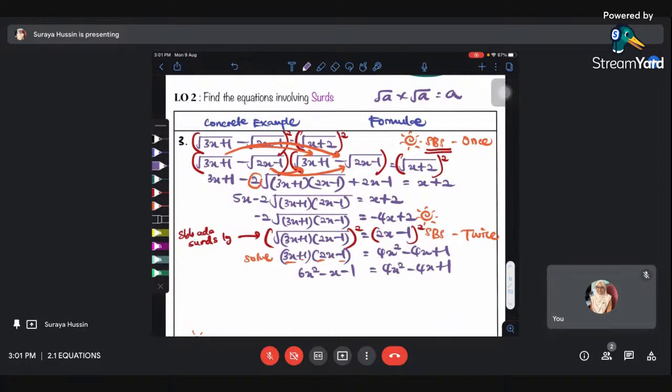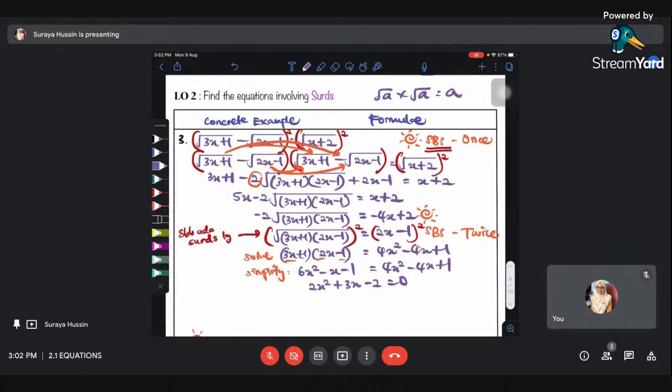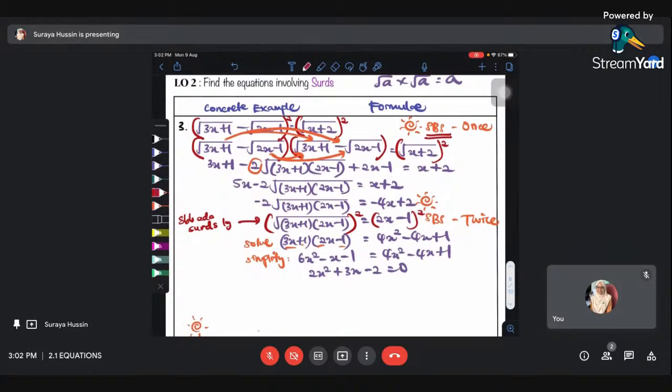And then saya simplify it. I will get 2x squared plus 3x minus 2 equal to 0. And here I finally got a quadratic equation.